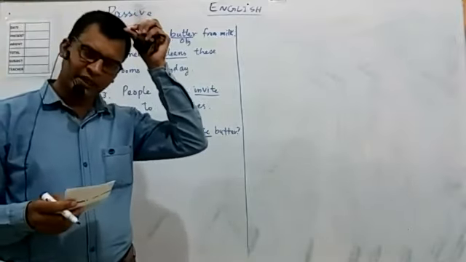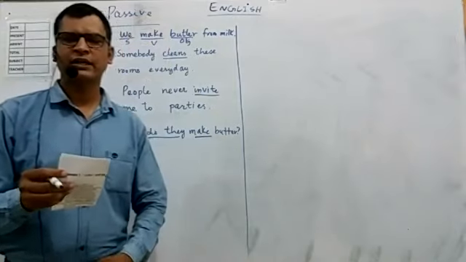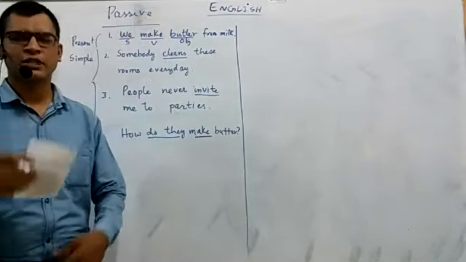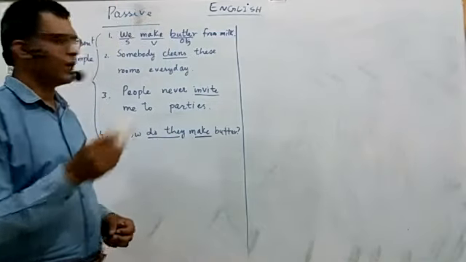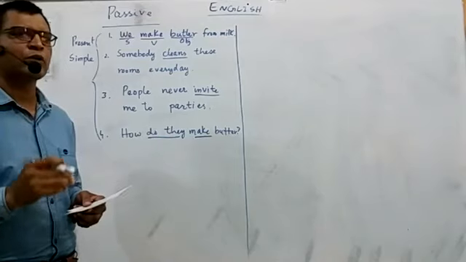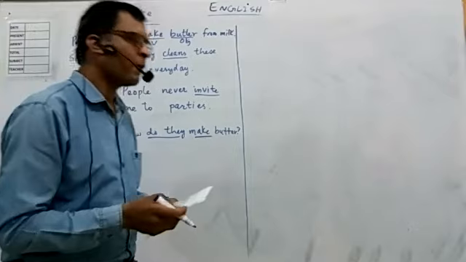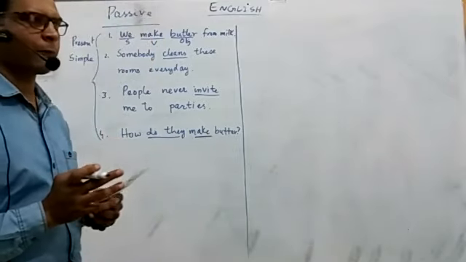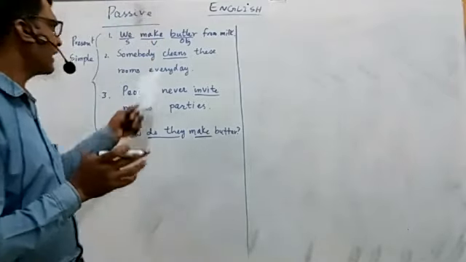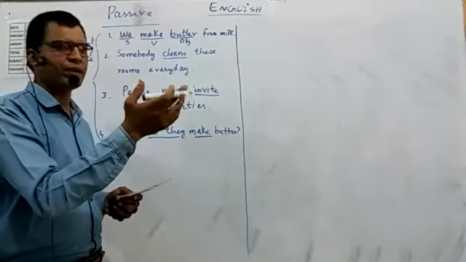To make a sentence from active to passive, we must first recognize that a sentence has subject, verb, and object, because these are the three important things that are going to be affected when we change a sentence into passive. A general rule is that the object of the active sentence becomes the subject of the passive sentence.